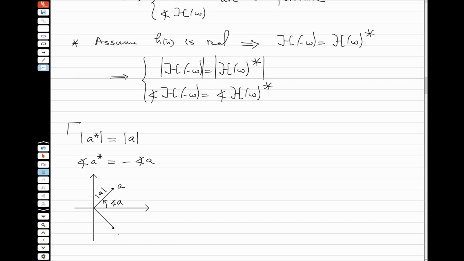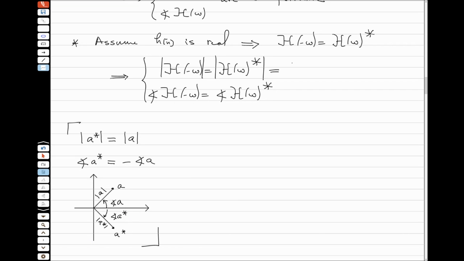So what is the magnitude? It is here. What is the angle? It is here. It's clear the magnitudes are equal and the angles are opposite. Everything is graphical. No mystery.